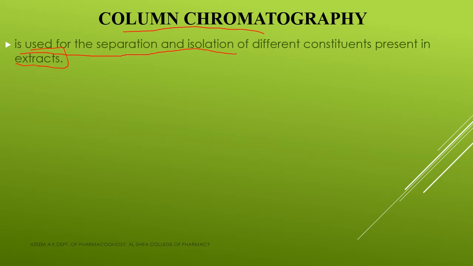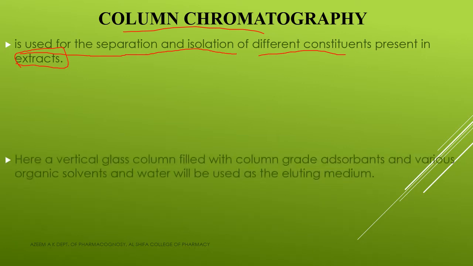Here we are studying plant extracts and the separation of different components present in them. You already know that a plant extract may have different types of constituents, and for the purpose of separating a particular component from the plant extract, we use this column chromatographic technique.